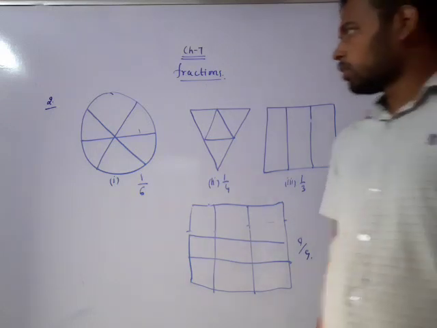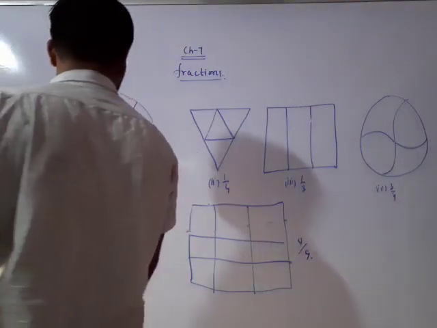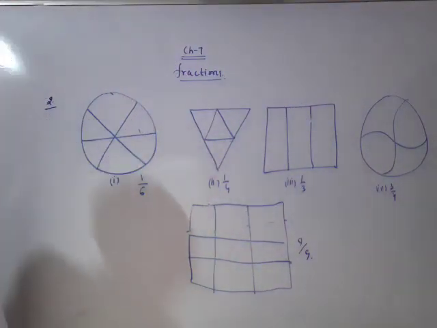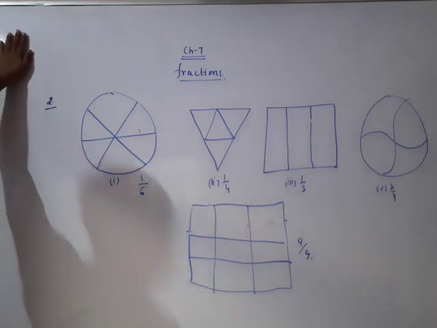In question number 2, we have to color according to the given region. See question number 1, we have to show 1 upon 6.